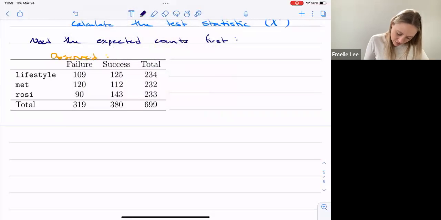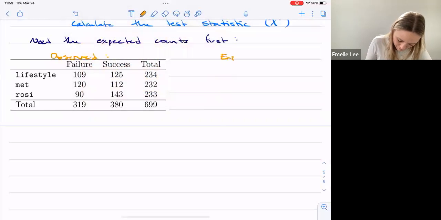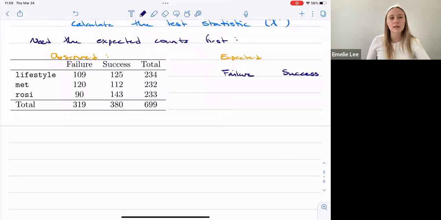Whereas if I recreate this table with the expected counts, I'm going to have some expected failures, some expected successes, and I'm going to ignore the totals.